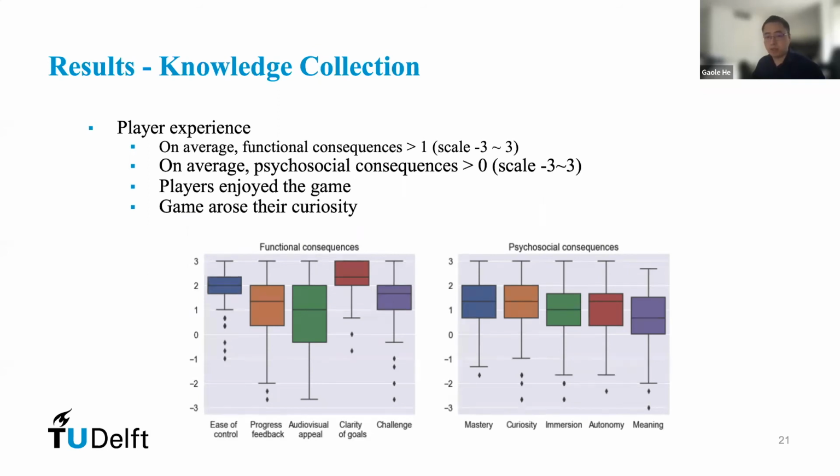This highly rated functional consequence also translated into a highly rated psychosocial consequence, with an average rating per dimension always above 0. This shows that Find It Out was enjoyed by players, and aroused their curiosity by prompting them to think of topics that they probably didn't think of.